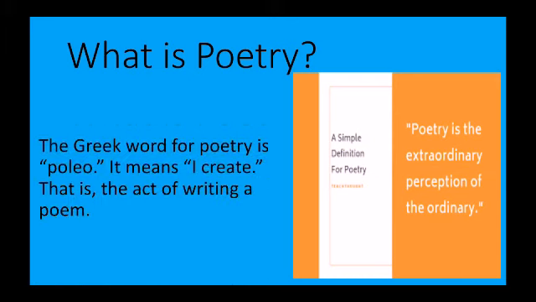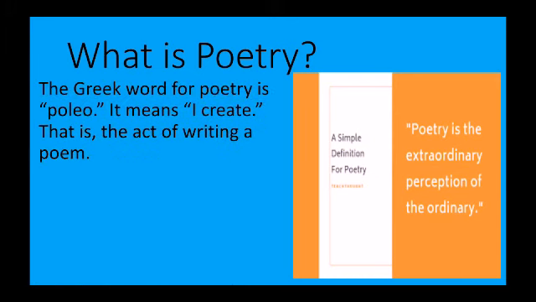Again, let's look at the etymological meaning of poetry, that is, the root meaning. Poetry is from the Greek word poieo, which means I create. So, poetry is the art of creative writing. It is the art of writing a poem.